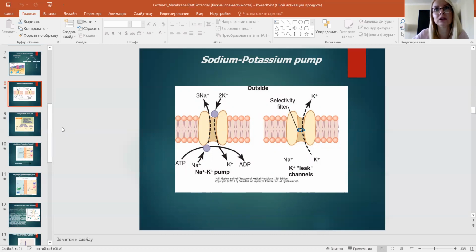And potassium ions are transported into the cell, increasing the concentration of potassium inside the cell. Approximately 3 sodium ions are transported out of the cell, whereas 2 potassium ions are transported into the cell for 1 ATP molecule.